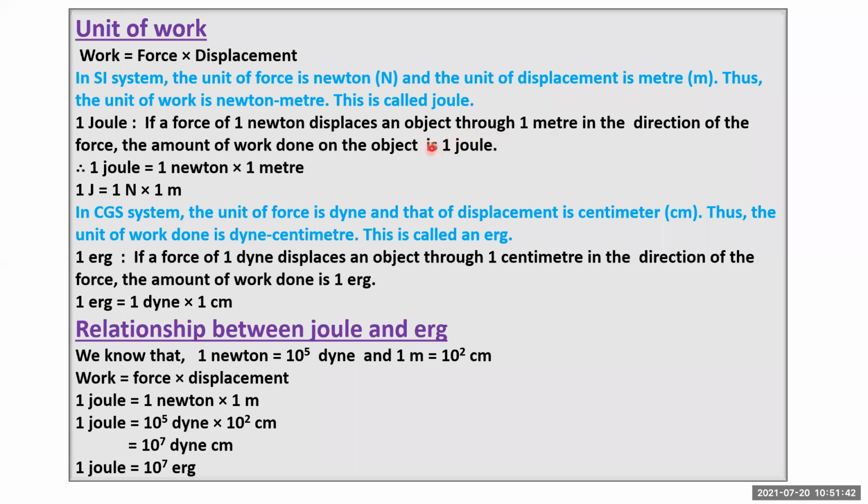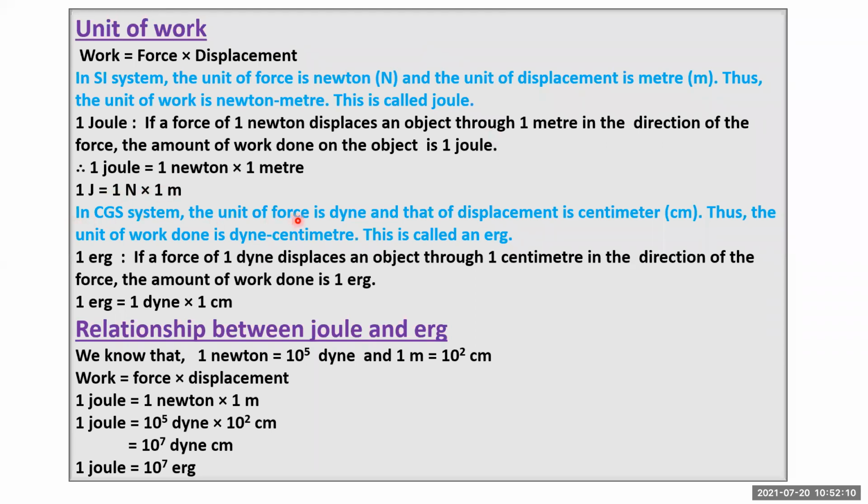So when 1 Newton of force is applied and the object is displaced 1 meter, in that case we say 1 joule of work is done. Therefore, 1 joule, J being the symbol of joule, equals 1 Newton into 1 meter.